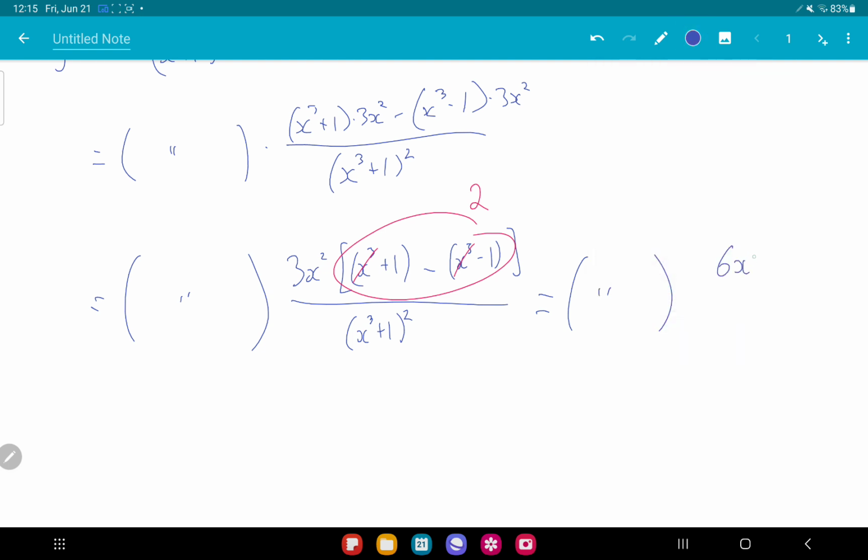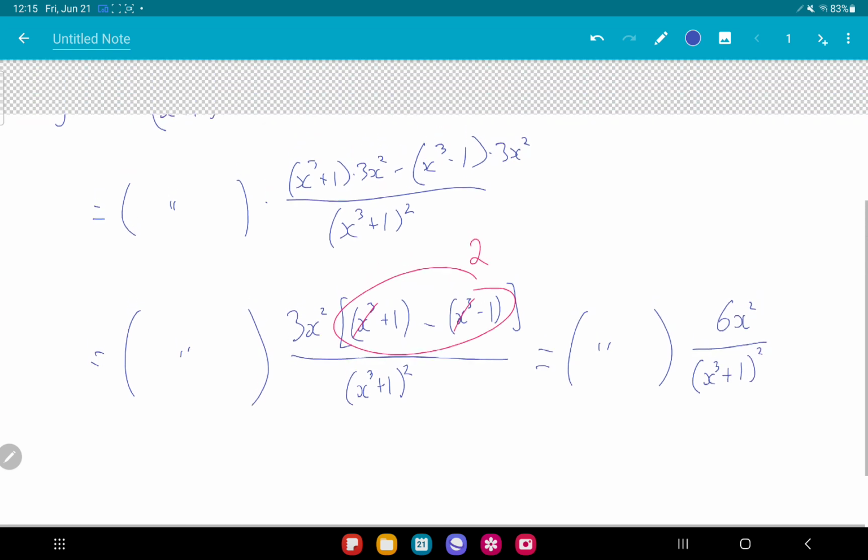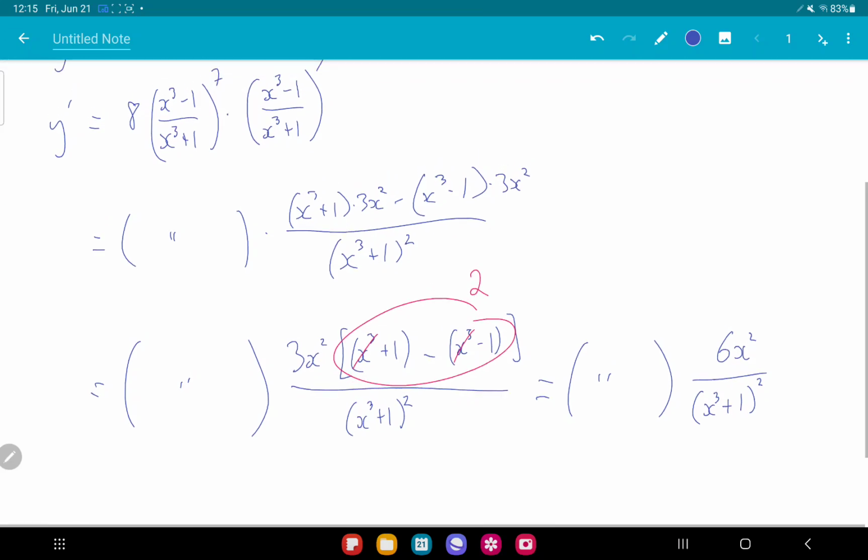So I get 6x squared upstairs, and then x cubed plus 1 downstairs. Now what's happening? Remember what my ditto is. My ditto marks, that's this guy here.